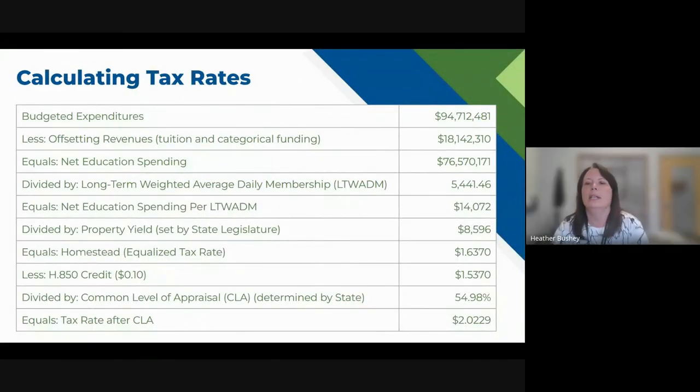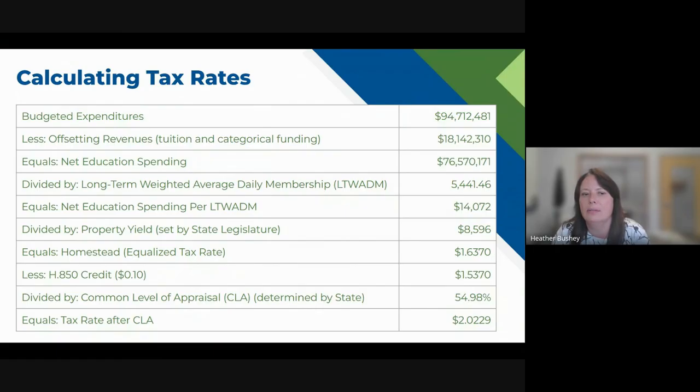So here's a look at what our budget looked like using all of those numbers for last year. We had budgeted expenditures of 94.7 million. We had those offsetting revenues, which were tuition and categorical funding of 18.1 million.